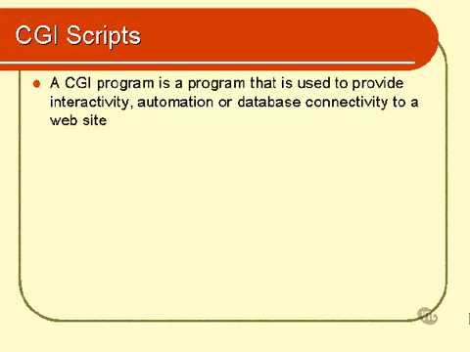A CGI program is a program that is used to provide interactivity, automation, or database connectivity to a website. In other words, you can make your website do something as opposed to just present information. Alternatively, the data that you are presenting on your website can be coming from a database rather than just from static HTML files.